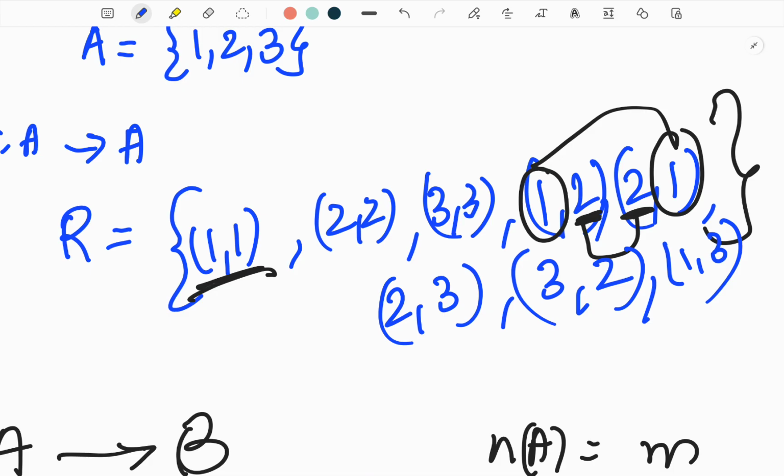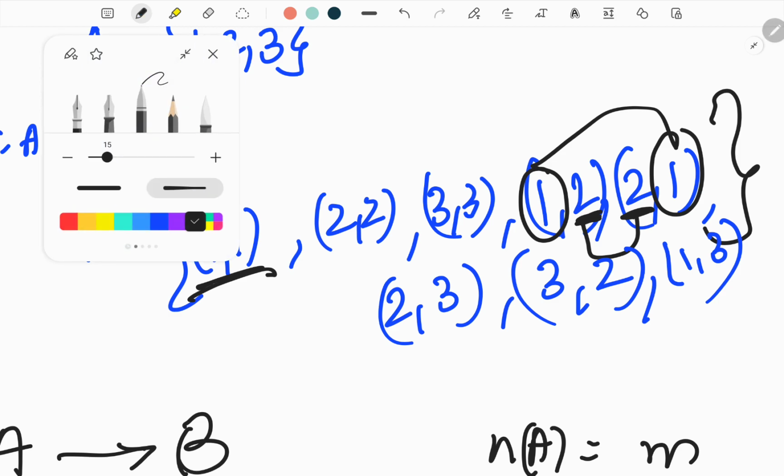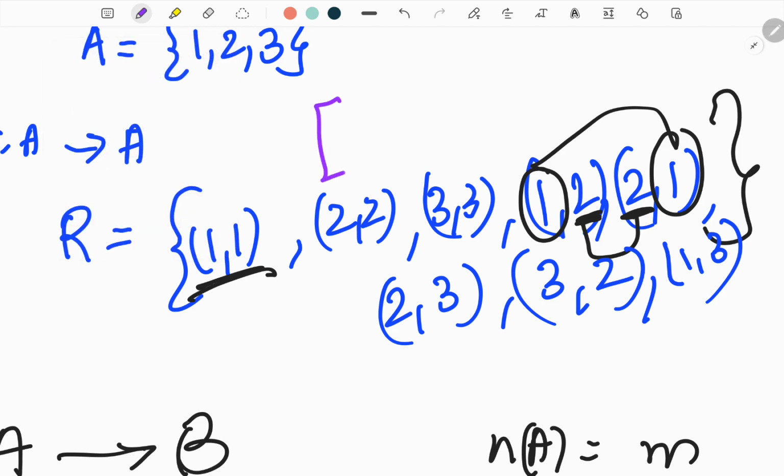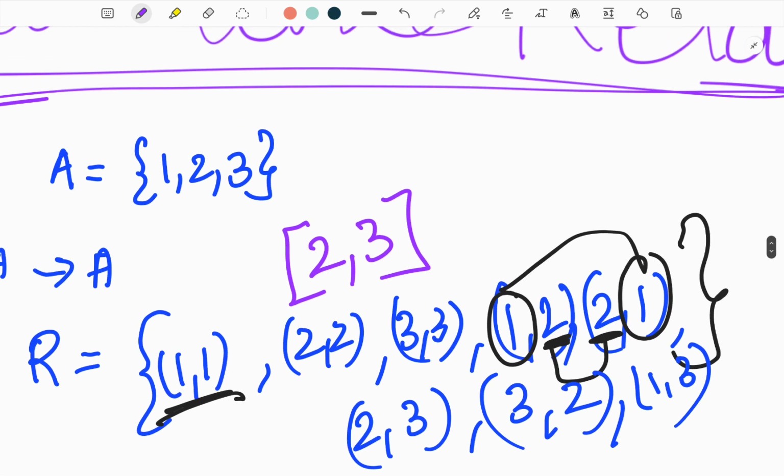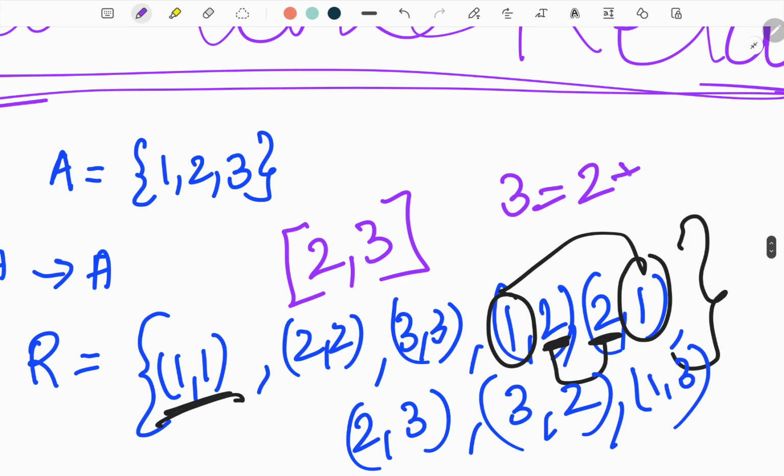So let's say I am writing equivalence class of (2,3). So now if you see (2,3), what is the relation between 2 and 3? You know that 3 is 2 plus 1.